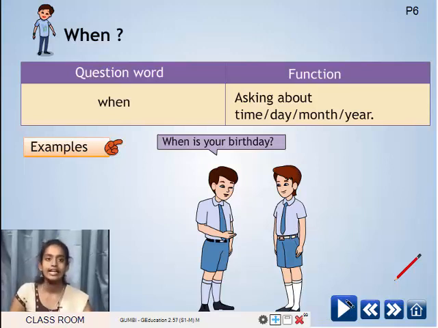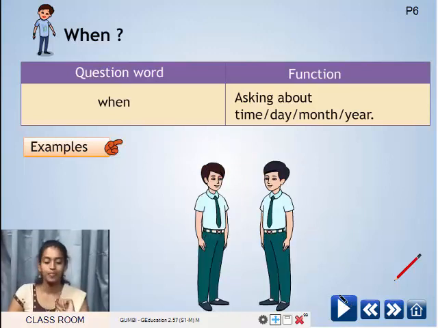So children, now here is an activity for you. You have to fill in the blanks with the adverbs from the box. So I have given you a few adverbs in the box. You have to choose the appropriate word and fill it in the blanks. Let me read the words.